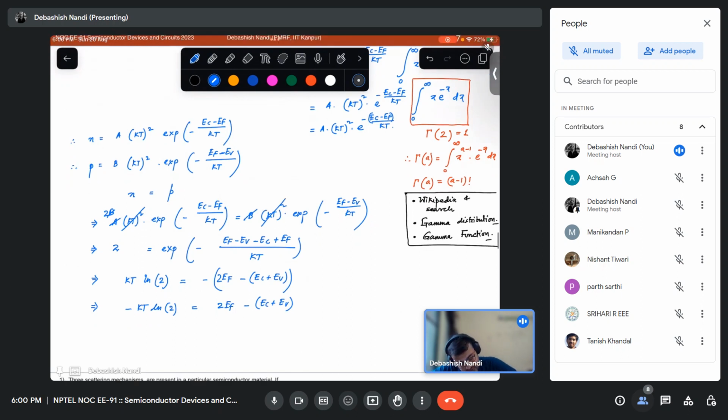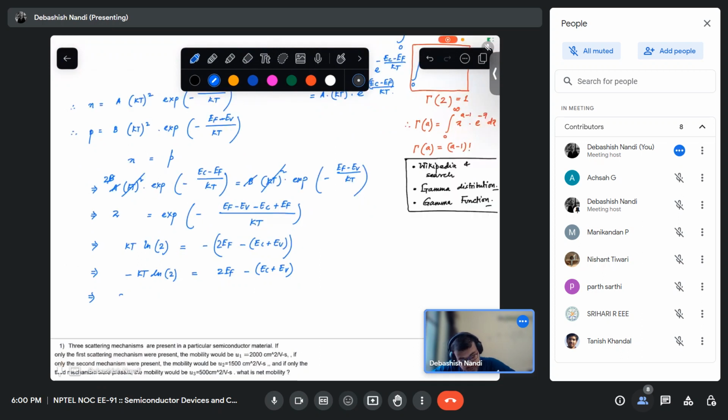So you will have 2Ef is equal to Ec plus Ev, minus kT ln2, and if I divide by 2, it will be half.